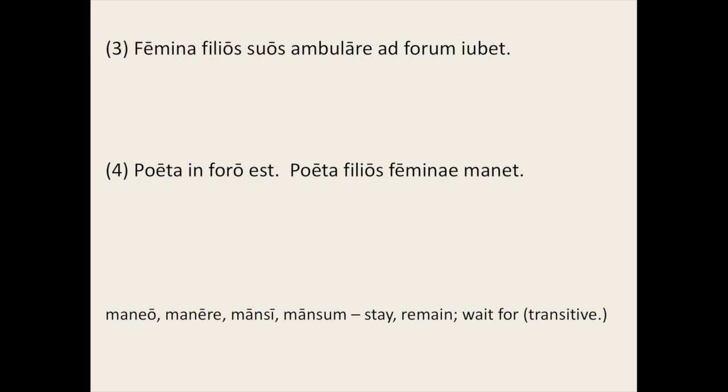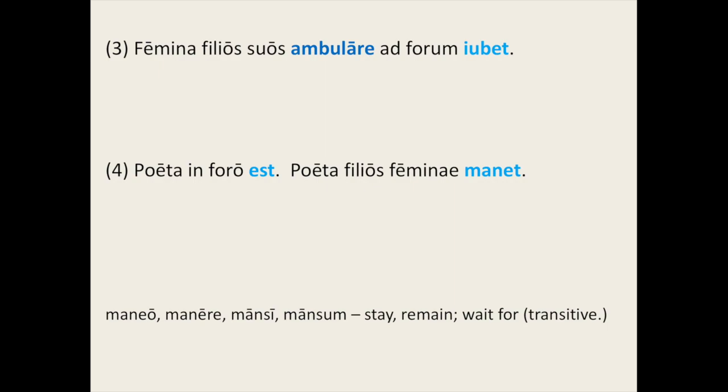See if you can highlight all verbs and mark any infinitives in sentences 3 and 4. We have 3 finite verbs, iubet in sentence 3 and est and manet in sentence 4. We also have the infinitive ambulare. Here are 2 hints to help you translate these sentences.